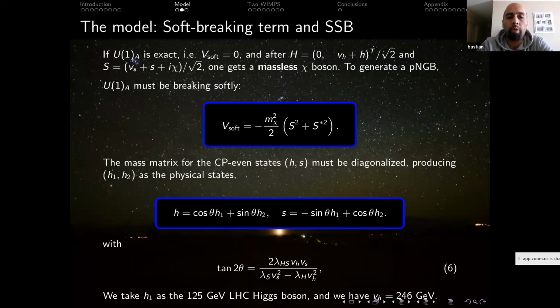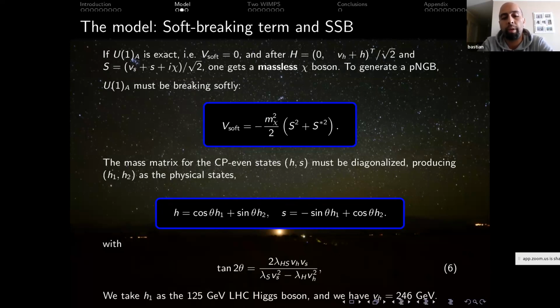On the other side, you have the Higgs boson and the radial part of the singlet, and they mix, so you have to rotate these states to obtain the mass eigenstates H1 and H2, which relate through this transformation with a mixing angle between them.